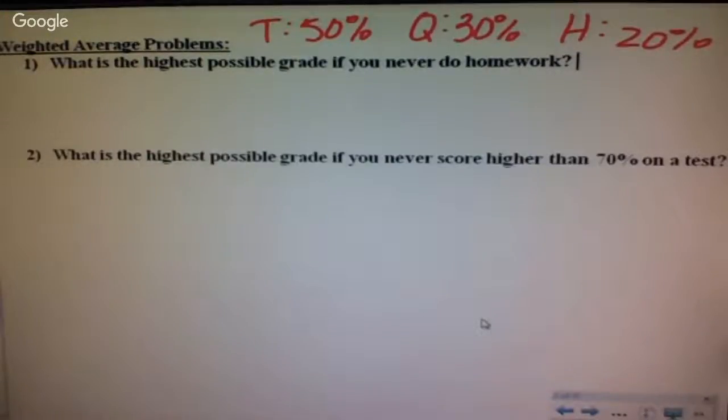What is the highest possible grade that you can ever get if you never do homework? If I get rid of homework, what's left? Quizzes and tests. Tests are worth 50. Quizzes are worth 30. The highest grade you can ever get is an 80.